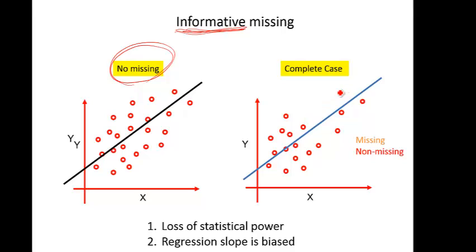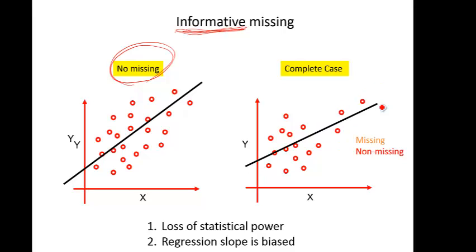Okay, so these are the data you observe. And if you draw a straight line on this graph, you might draw the line here instead of here. Okay, do you see the slopes are changing? Yeah, so this indicates the bias in association.